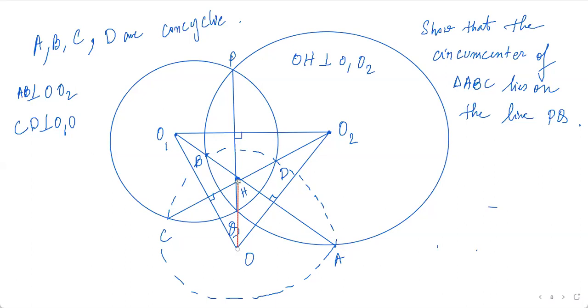So obviously if you join OH and produce it, it's going to be perpendicular to O1O2. And so this red line and that PQ line should coincide, and that proves it. Is there any question?